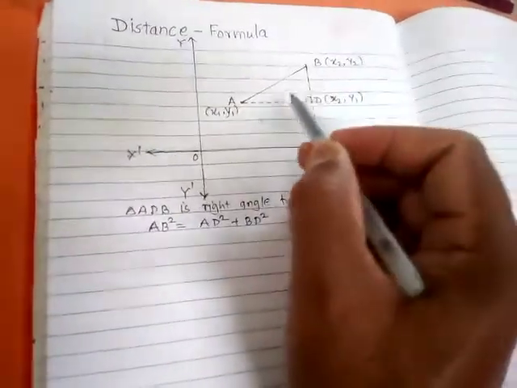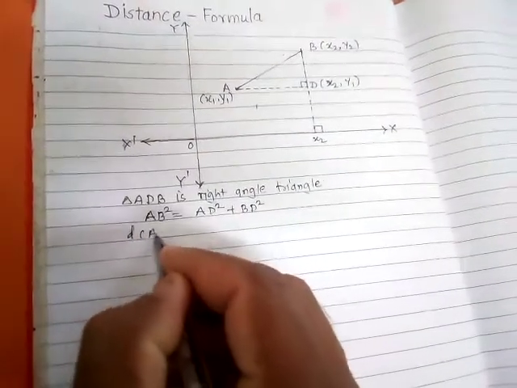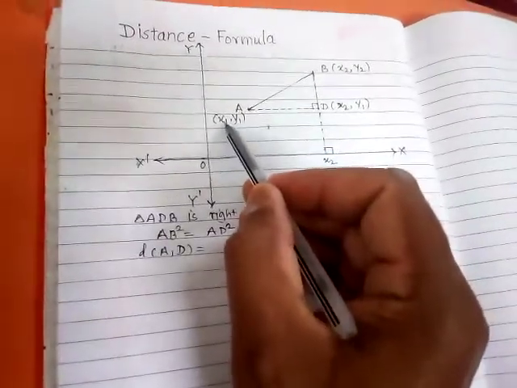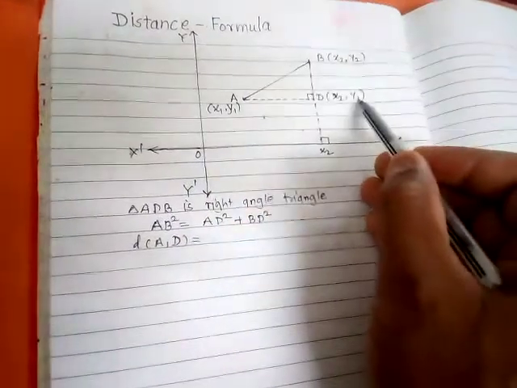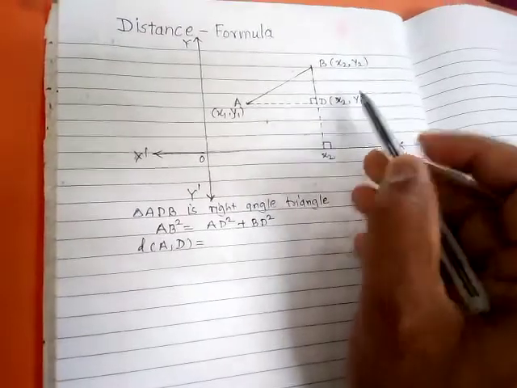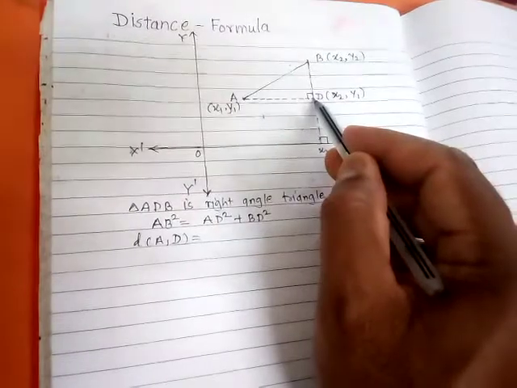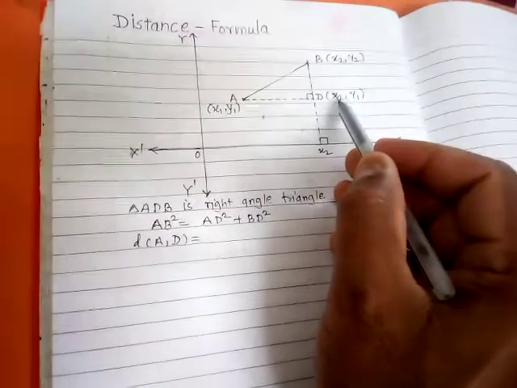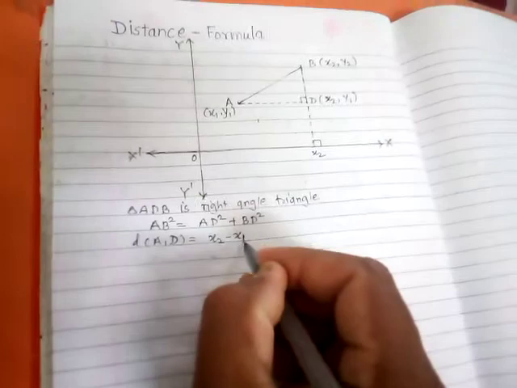Firstly, we calculate the distance between A and D. A has coordinates x1, y1 and D has coordinates x2, y1. Here y1, here y1. That means the y coordinates are the same. When the y coordinates are the same, the distance between these 2 points is the difference between their x coordinates, x2 minus x1.